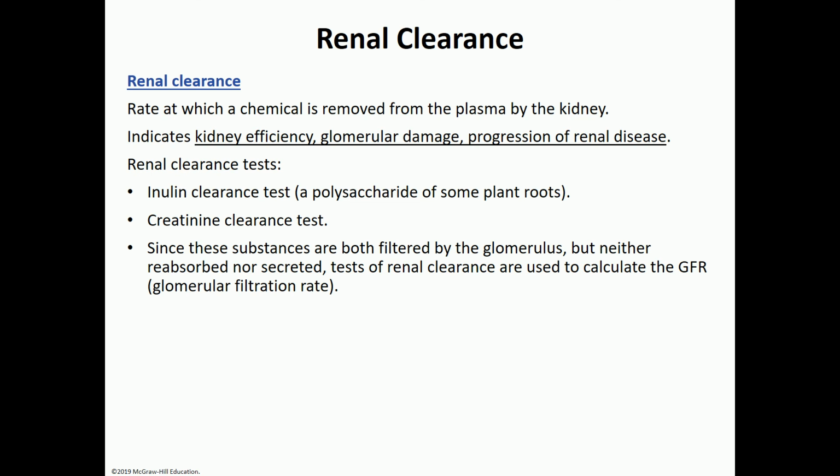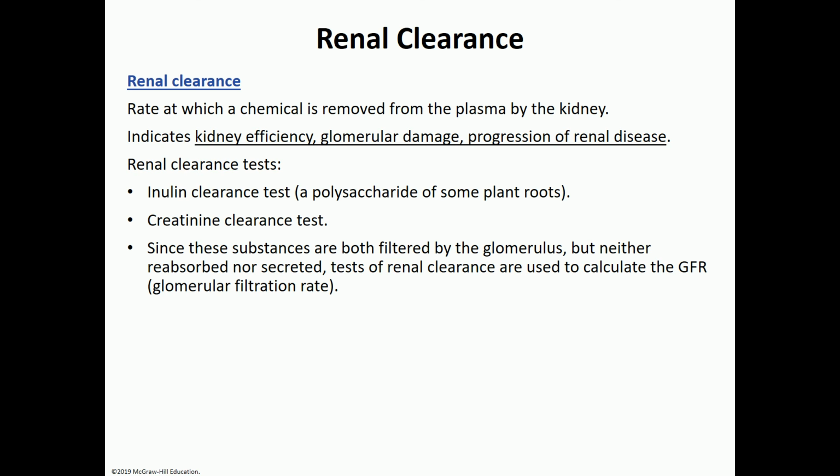It is a reflection of kidney health, so it indicates kidney efficiency. It also helps in the diagnosis of glomerular damage. And we can also use it to figure out the progress of renal diseases. So is the kidney getting better or is it getting worse?